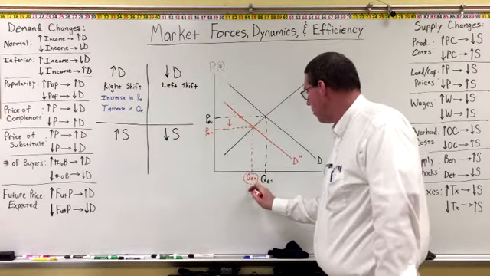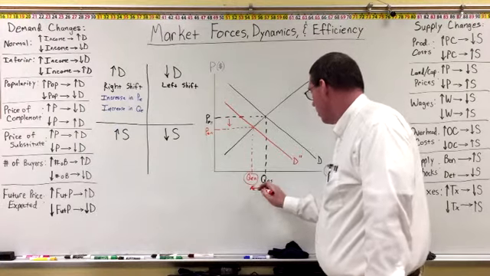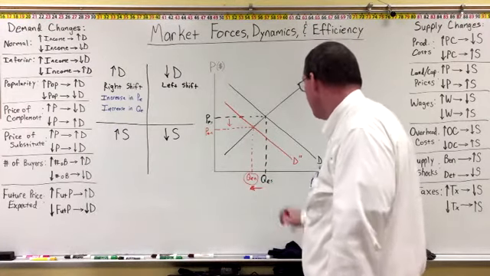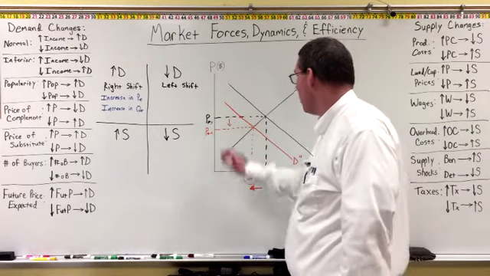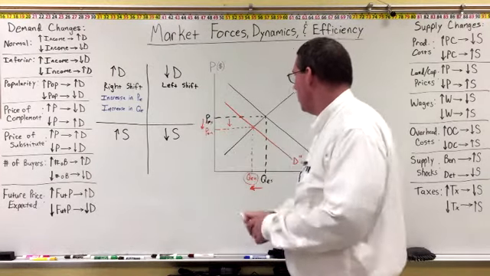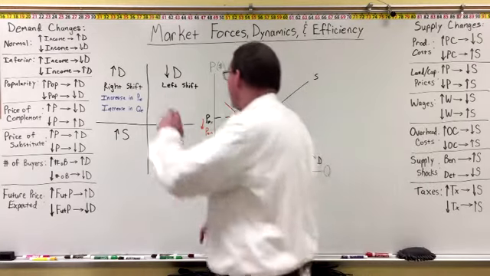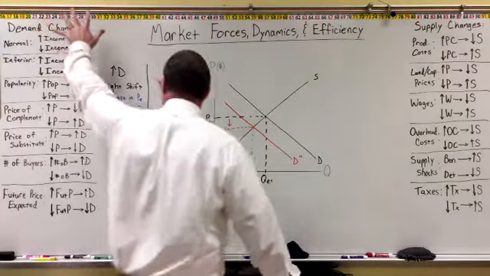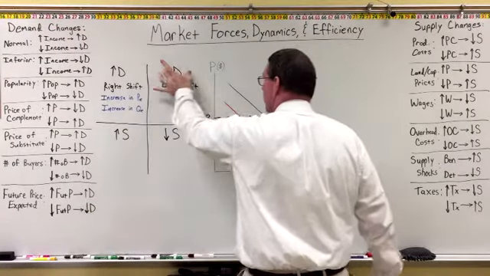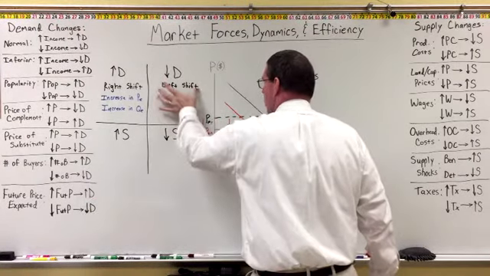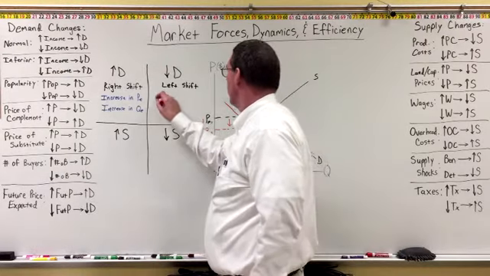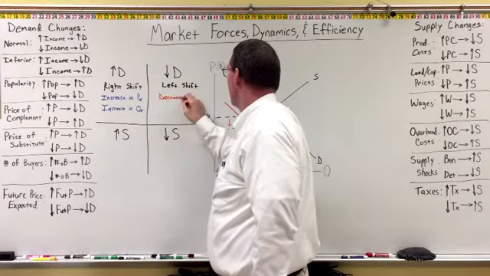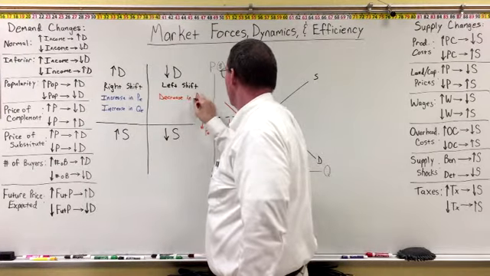Look, so we had a decrease, that's a terrible arrow. That's a little better. We had a decrease in equilibrium quantity, and we also had a decrease in equilibrium price. So when demand decreases in an economy, when one of these things changes over here, that leads to a decrease in demand, the demand curve is going to shift to the left, and then we are going to have a decrease in equilibrium price.